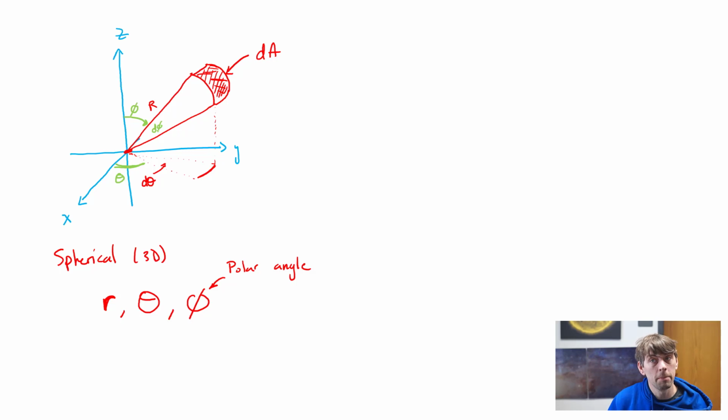And so you can imagine that our area element will be some combination of a small change in the angle in the xy plane and a small change of the angle in the zy plane, for example, the polar angle. How are we going to represent this?